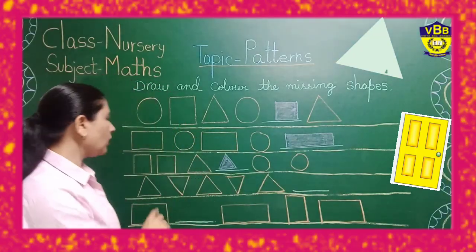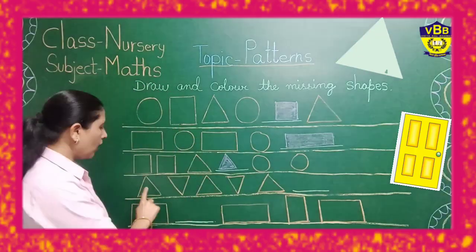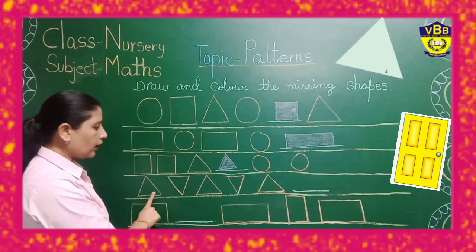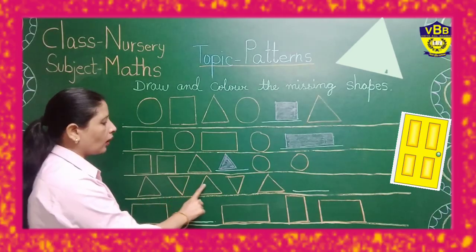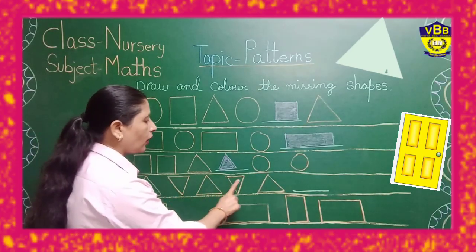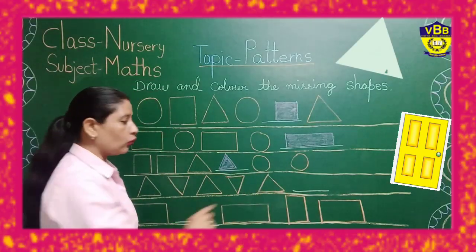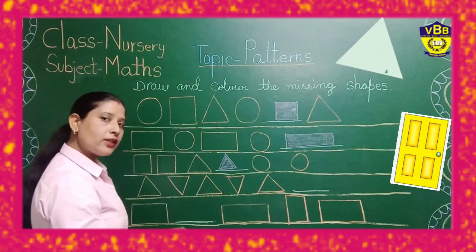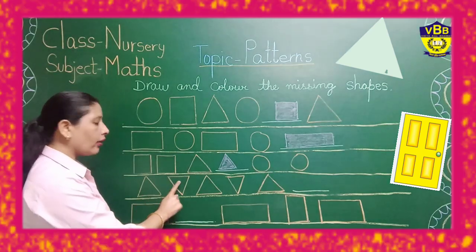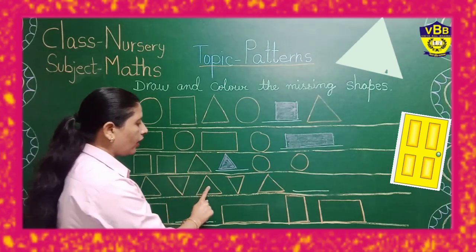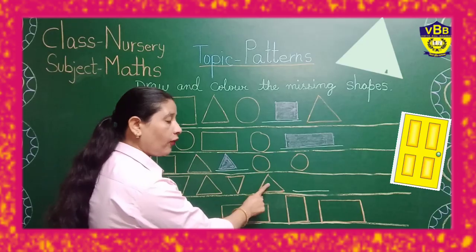So in this part, they all are triangles, but this is upward, this is downward, upward, downward, upward. Now you have to tell me which triangle we have to draw here. Let's revise it. Upward, downward, upward, downward, upward.